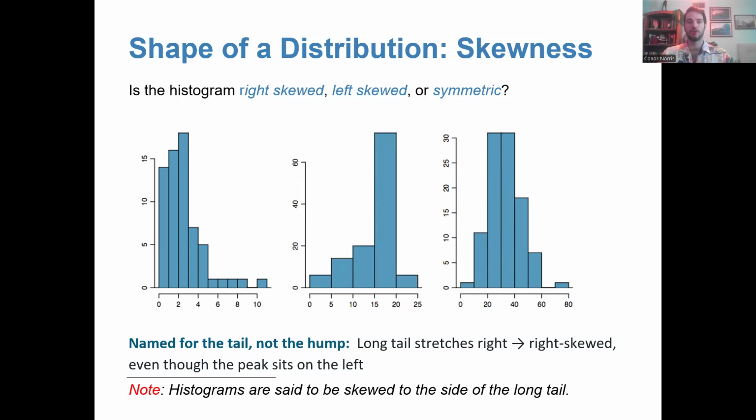So a distribution with a long tail stretching to the right, so most of the data is bunched on the left with a few large values trailing off to the right, is right skewed. So right here, this is right skewed because we have the outliers sticking out here to the right. So even though the peak, the mode, the most frequently observed value is going to be on the left side, when we're defining skewness, we're caring about where the outliers are located.